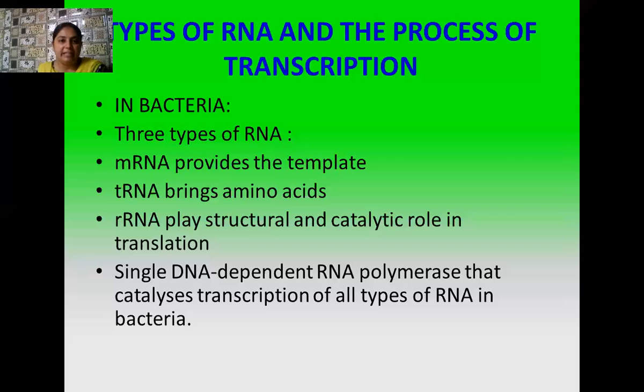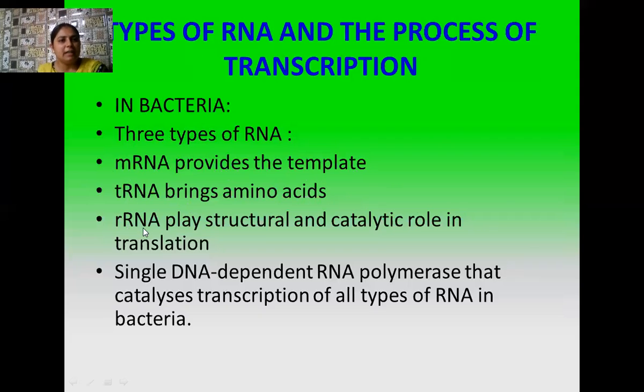So in case of bacteria, there are three types of RNAs which are generally involved in the process of transcription. Here messenger RNA is formed during the process. This messenger RNA provides the template later for the process of translation. Second one is transfer RNA. This transfer RNA brings the amino acids and later constitutes proteins during the process of translation.